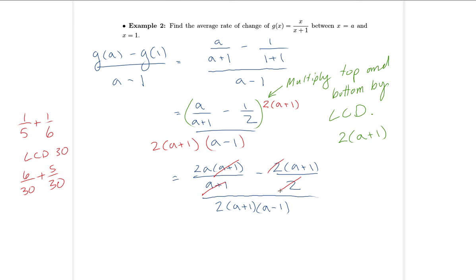Those cancel, those cancel. All right, so what I'm left with is, in the numerator, I've got 2a. And then let's be careful. This minus sign has to go through to both of these terms that are in parentheses, right? So it's minus a minus 1, all divided by this.